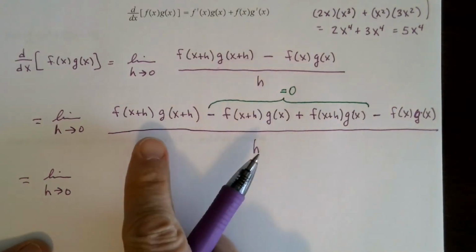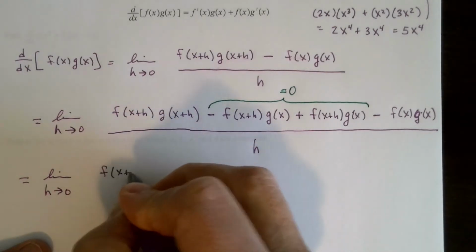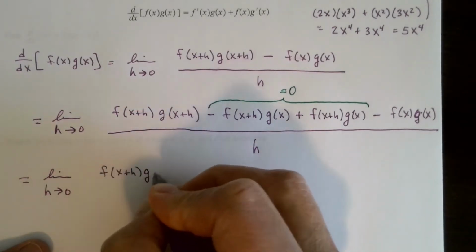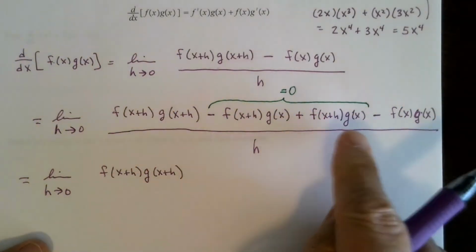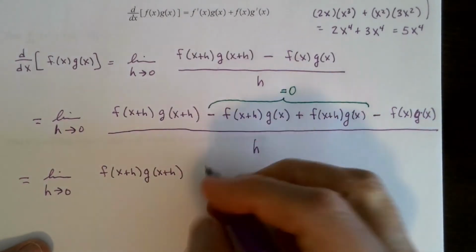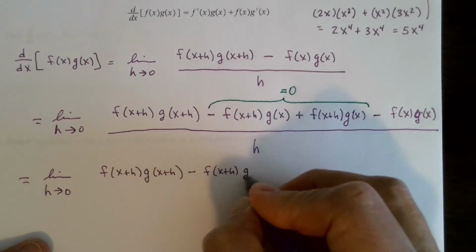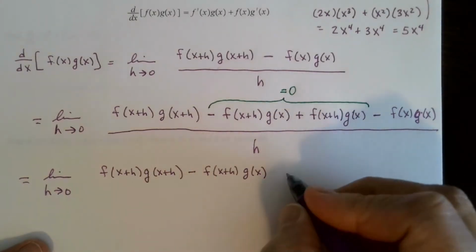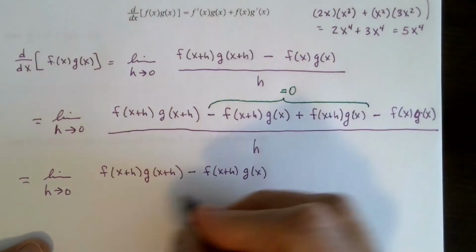I want to take this first term, I'm going to write it up here, and I'm going to subtract this f of x plus h g of x, and then they're actually in the order I want them to be in.